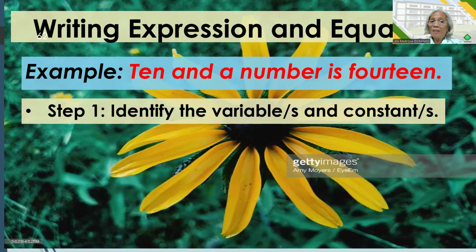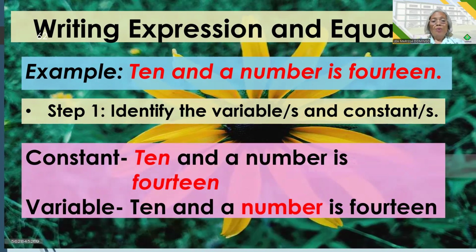So, we identify the variables and constants. Doon sa 10 and a number is 14, yung constants ay yung 10 at yung 14. Yung variable ay number.